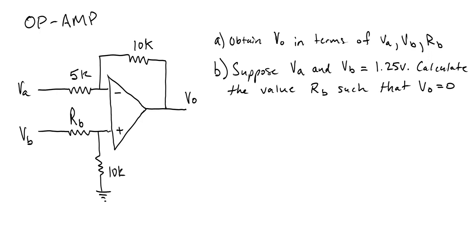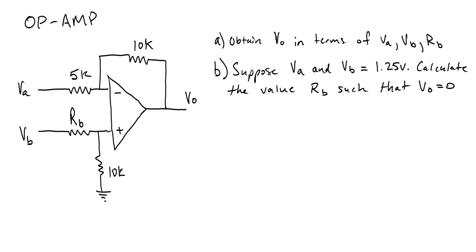Today we're taking a look at op amps, finding the Vout, the output voltage of op amps, with two unknown input voltages on the positive and the negative terminals of the op amp. So this is a pretty common op amp problem. You have two input resistors.